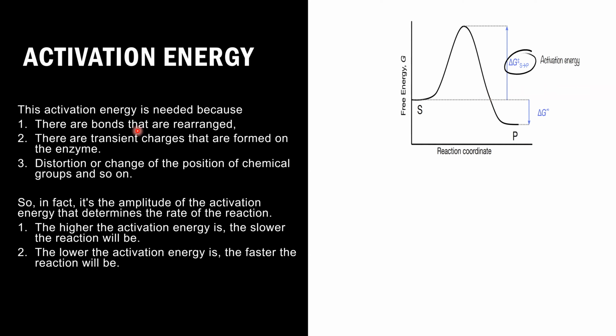So when there is a substrate and it has to be converted into the product, there are certain bonds that have to rearrange. There are transient charges that are formed on the enzyme, because we know there are amino acids, and let's say there is an amino acid, right?